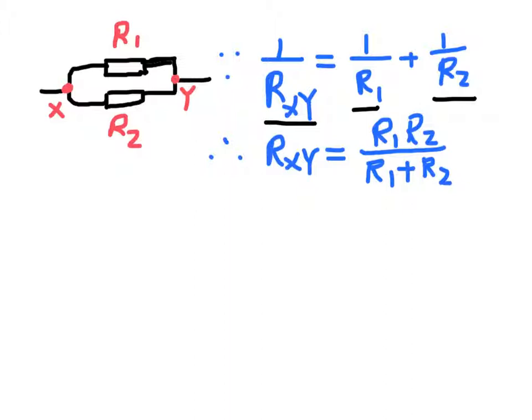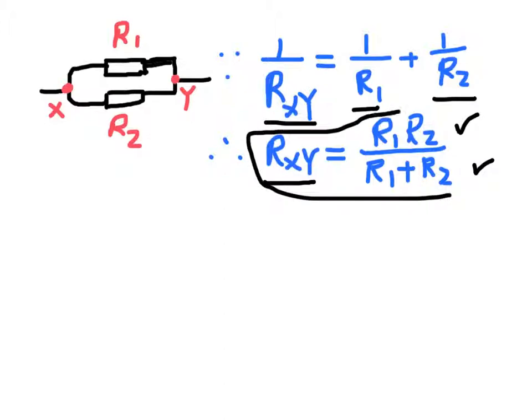By rearrangement, we can find that the equivalent resistance across XY, or Rxy, can be written as the product of the resistors R1, R2 over the sum of the resistances R1 plus R2. In fact, this formula is very useful to find the equivalent resistance for two resistors connected in parallel.